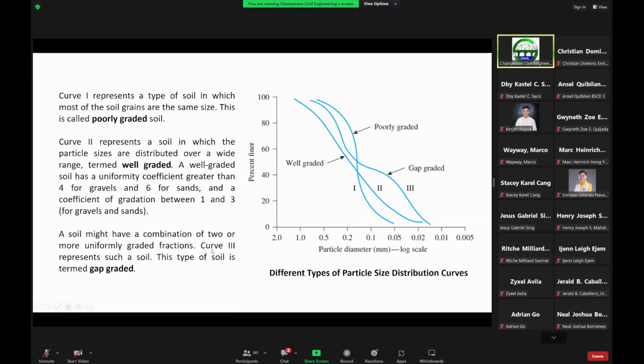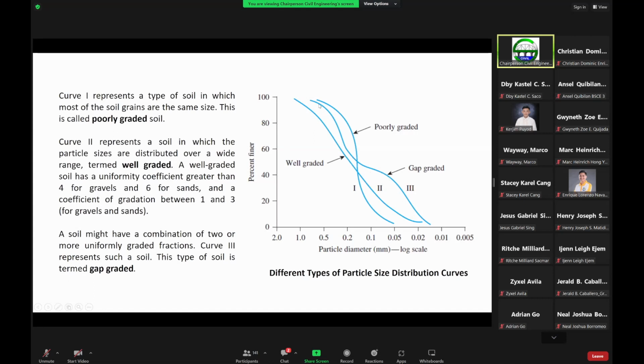And then a soil might have a combination of two or more uniformly graded fractions. In the figure, this is what we call curve three. This type of soil is what you call a gap graded soil.